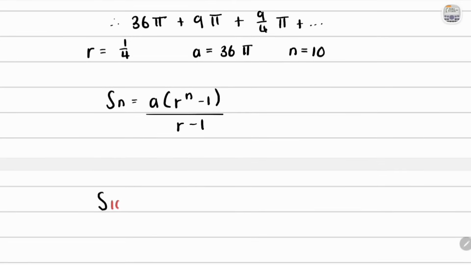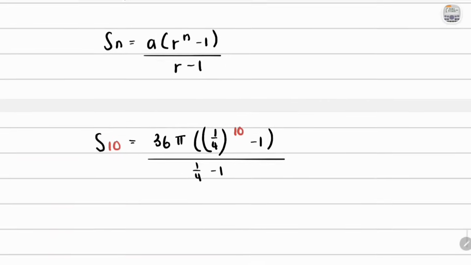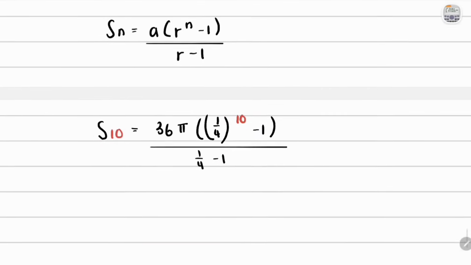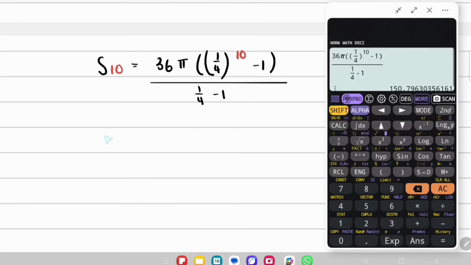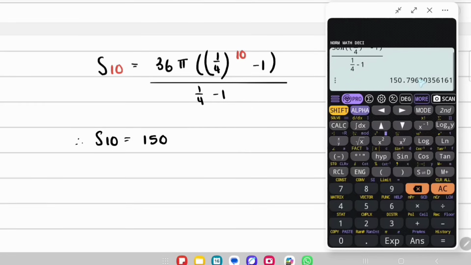The sum of 10 terms is equal to the first term, 36 pi, multiplied by the ratio, 1 over 4, raised to the power of 10, minus 1, all over r minus 1, which is 1 over 4 minus 1. See how that becomes negative and that also becomes negative, so they cancel regardless. And when we substitute that, the sum of 10 terms gives us 150.79. And if you round off to 2 decimal places, as we should, that will round up to 150.80.